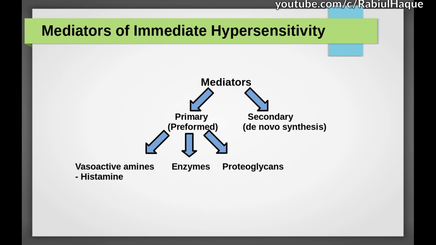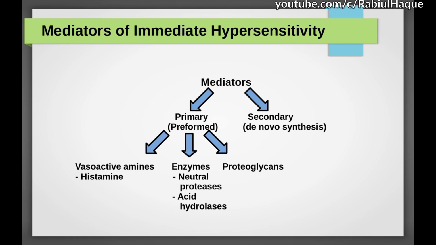Regarding the enzymes, always remember that these enzymes are seen in the granule matrix of the mast cell, and they will include neutral proteases and acid hydrolase. These enzymes can cause tissue damage and activate various components of the complement.